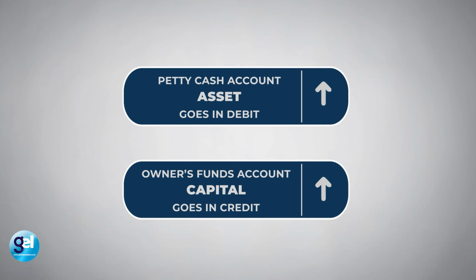So say a business owner is paying some capital into the petty cash account. The petty cash account increases in debit, and the capital account increases in credit, like a liability. Petty cash is an asset, and increases in debit. So again, the debit and the credit match, and it's the same amount.